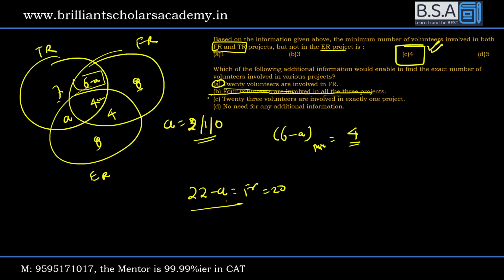So by default, why do I have to give this information to somebody? No need for additional information. What is the answer? A is the answer. A आपको मिल जाए information, you can answer everything out of it.